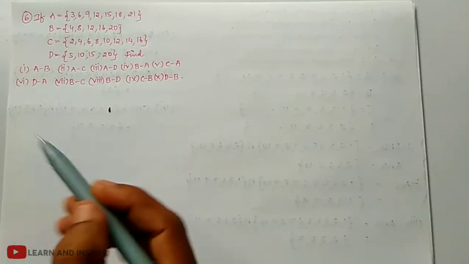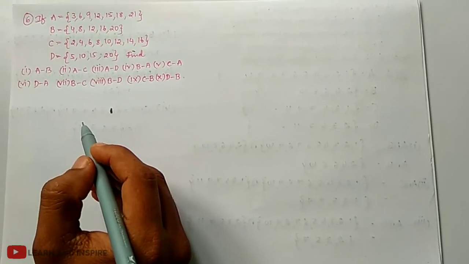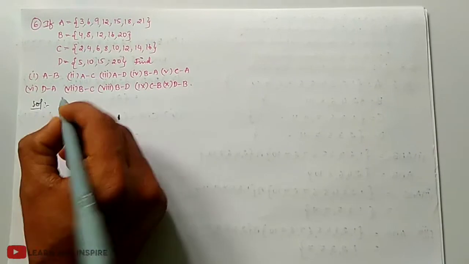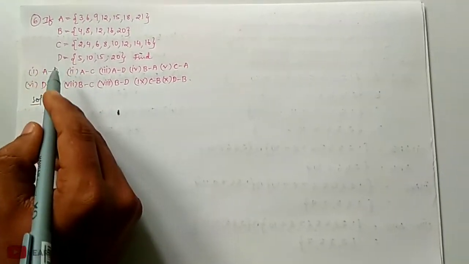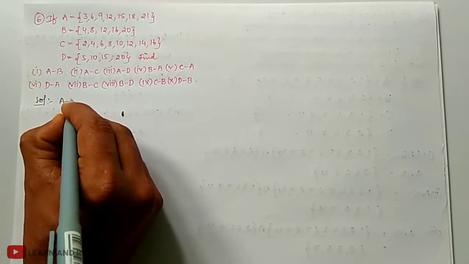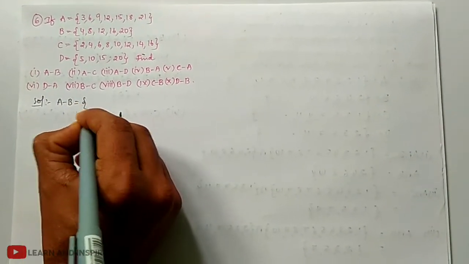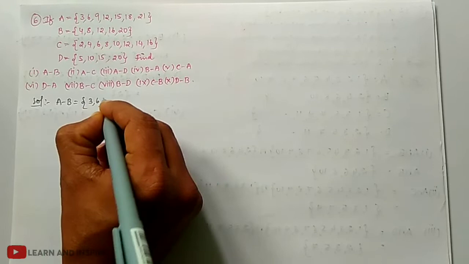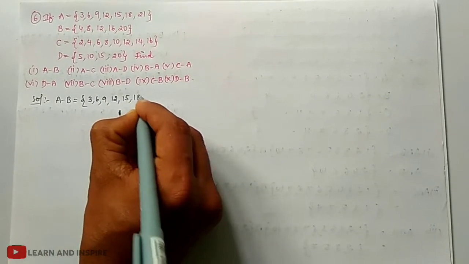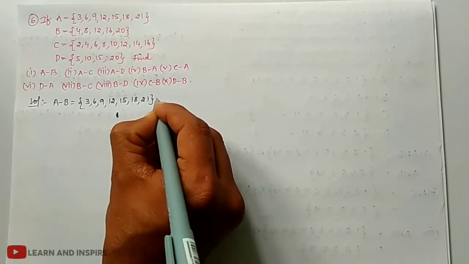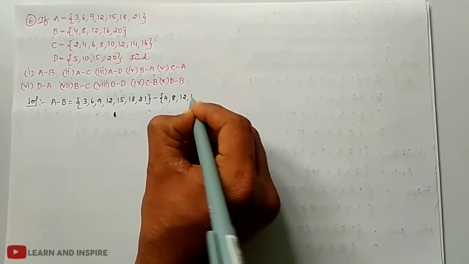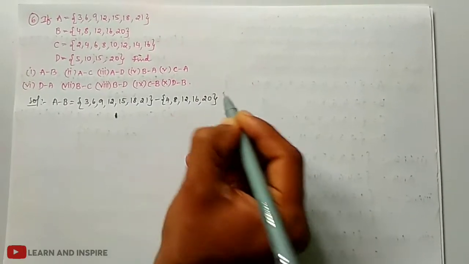So as we have discussed how to find the difference of sets, in the same way we will solve all these problems. So given these sets A, B, C, D, first we have to find A minus B. A minus B is equal to 3, 6, 9, 12, 15, 18, 21 minus set B elements 4, 8, 12, 16, 20.